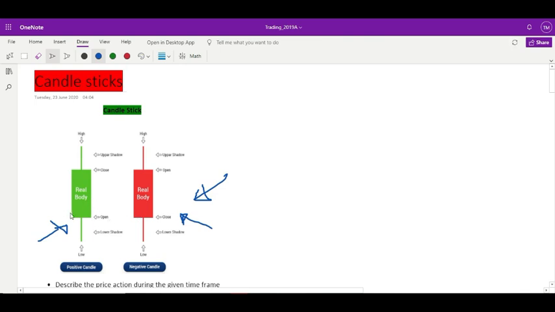The green candlestick represents the power of buyers coming in, so we are saying it represents a bullish market, and this one a bear market, where sellers are coming in. This is a negative candlestick, and a positive one means a buyer's candlestick.